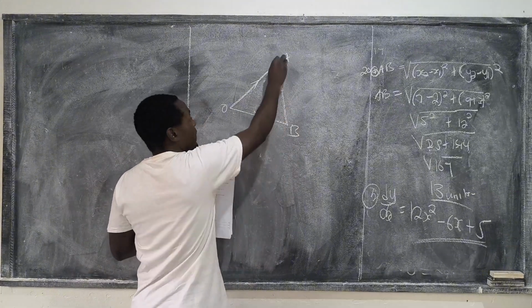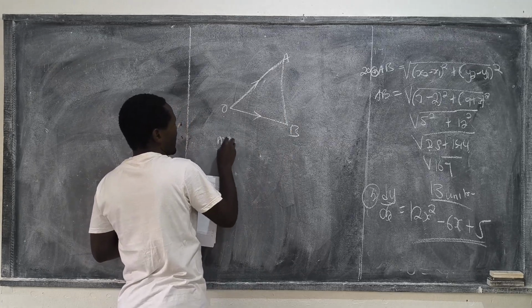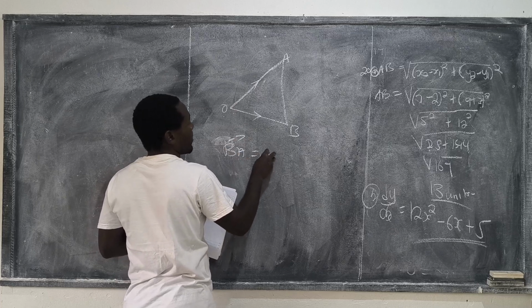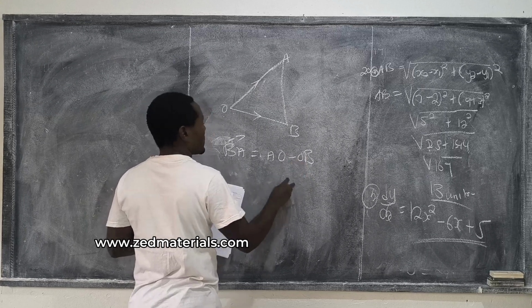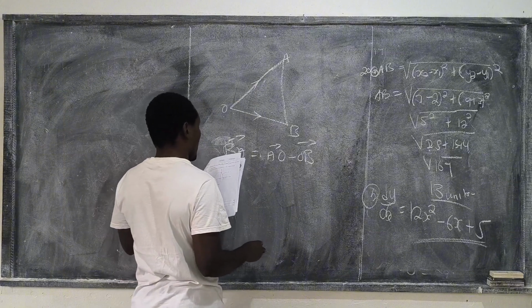So for us to find BA, we're going to say BO plus OA. So BA is equal to OA minus OB, in this way. So what is OA?